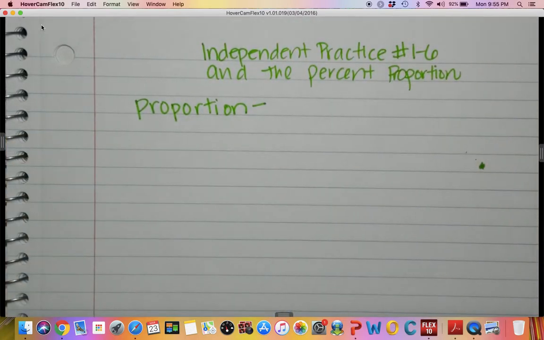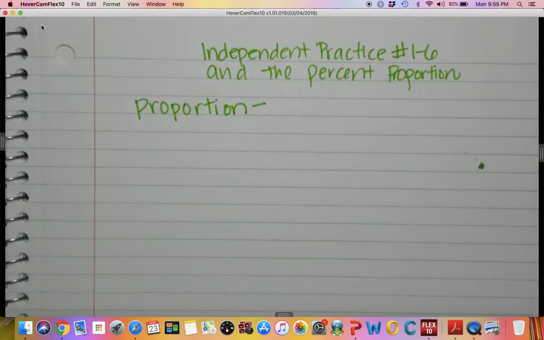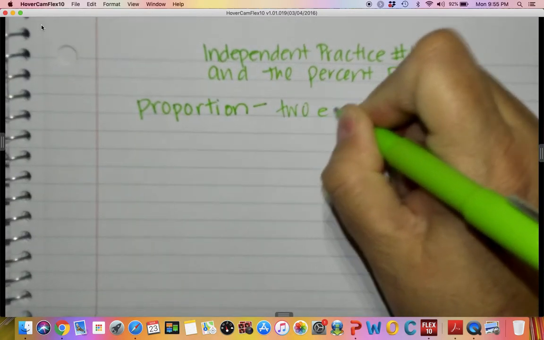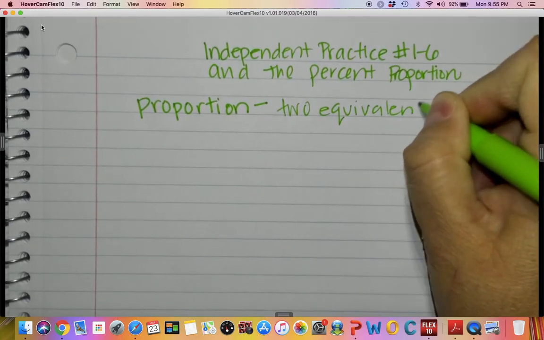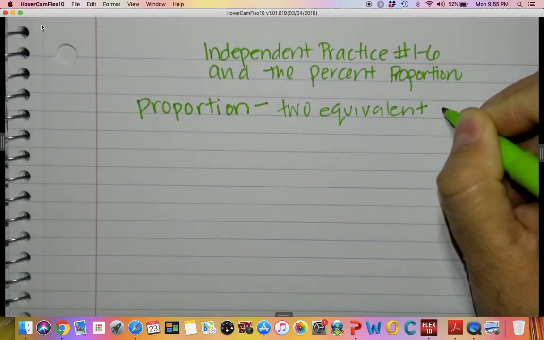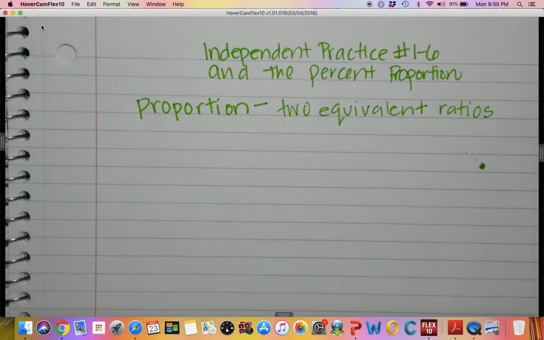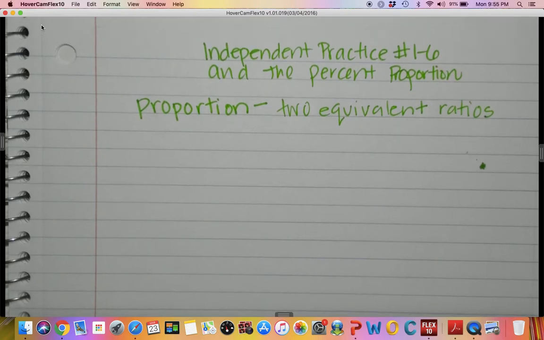Proportion. A proportion basically is just two equivalent ratios. And remember, ratios are like fractions, so the way we look at them is two things with an equal sign.